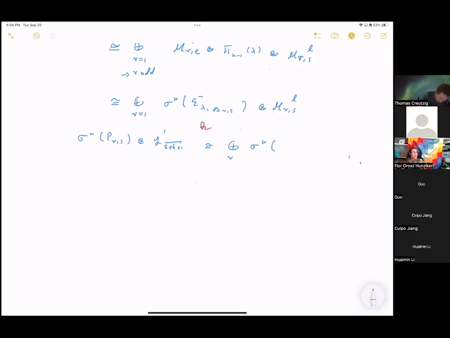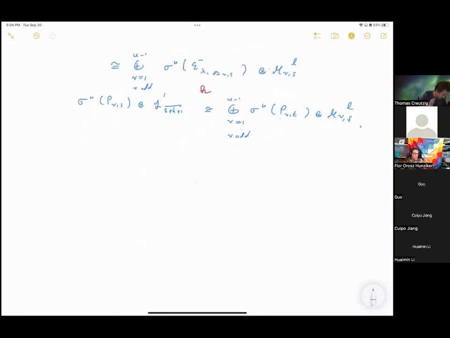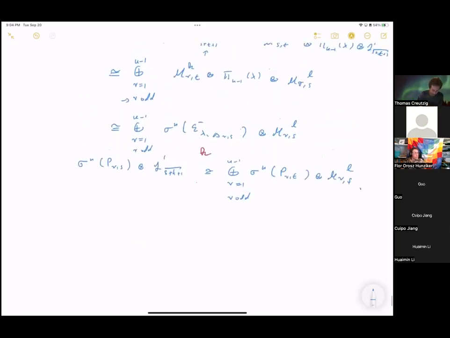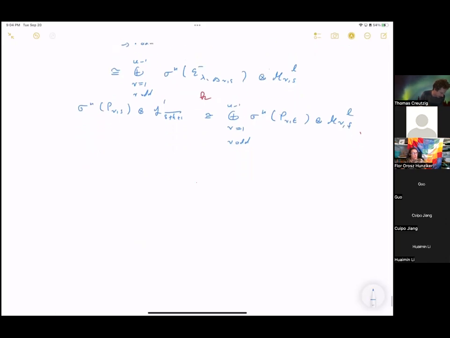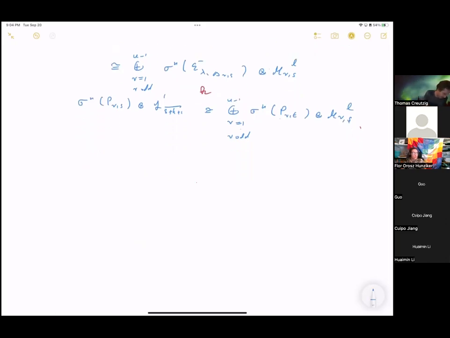Yeah, it needs R odd, yes. The summation is always the same. So we always get such a nice decomposition, and similar for the D plus modules. Maybe I don't write it down because it's exactly the same type of thing.